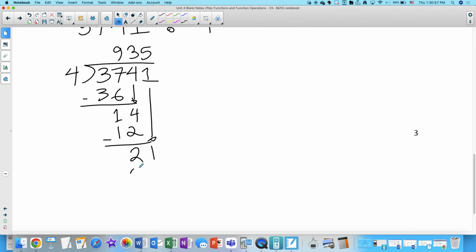So what's this called? The remainder, yeah. You have to go all the way back to grade 3 before you learned about decimals. So this is the remainder.